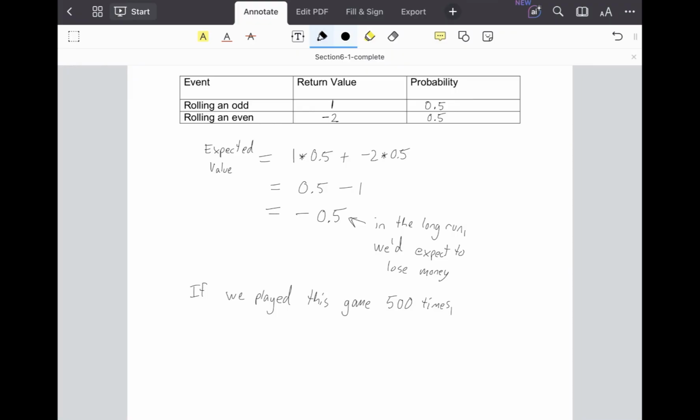You can say we'd expect to lose, and we do this the -0.5, and just write that as -0.5 there, times 500 is -250. We'd expect to lose $250.